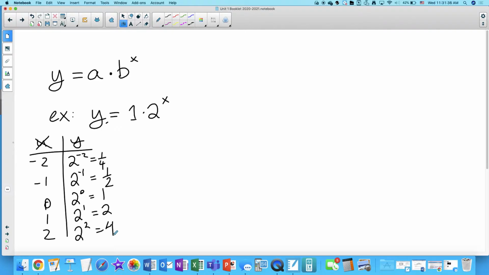We also compared it to this one. I'm taking the reciprocal, essentially, of the base 2, and I want to see what happens in this table of values.